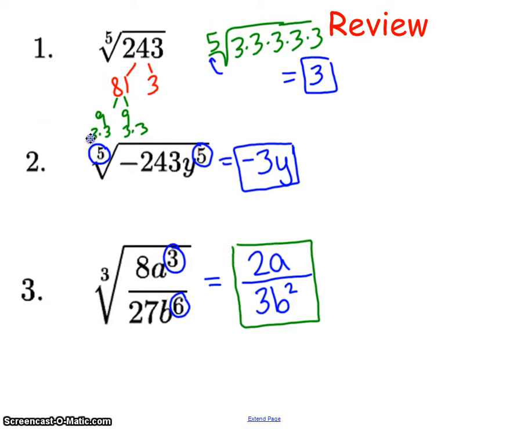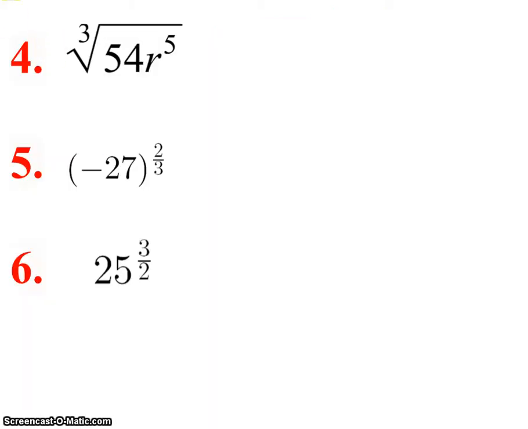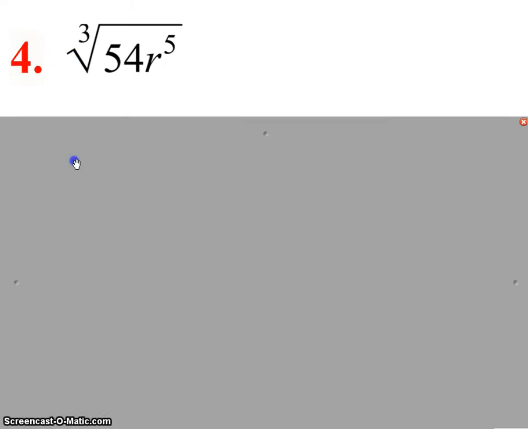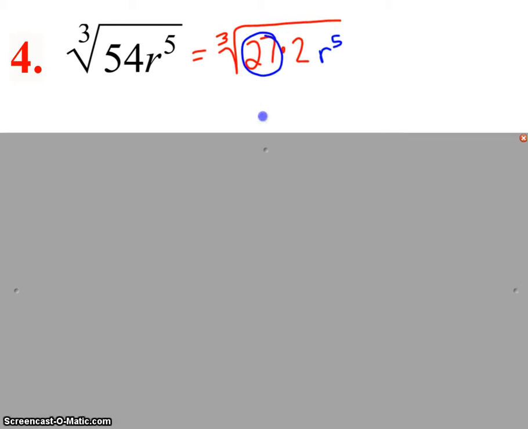Okay, so what happens if you can't take the root evenly, like number 4? Break down the 54 to factors, like 27 times 2. The cube root of 27 is 3. So the cube root of 27 comes out as a 3, and the 2 stays inside.